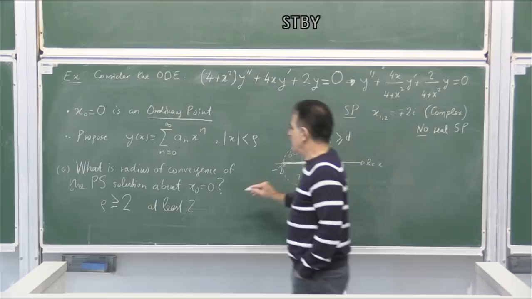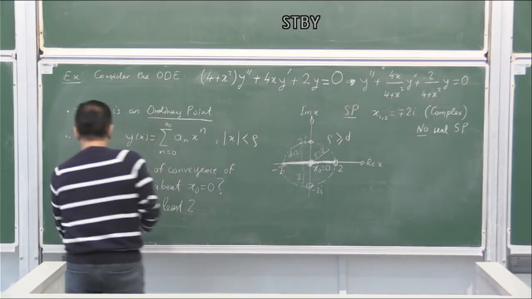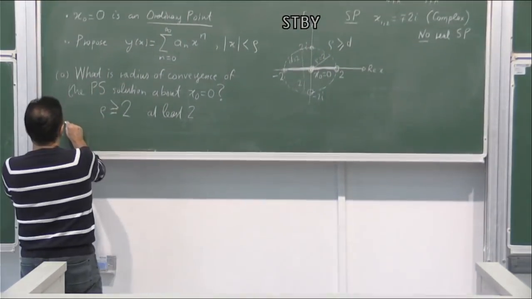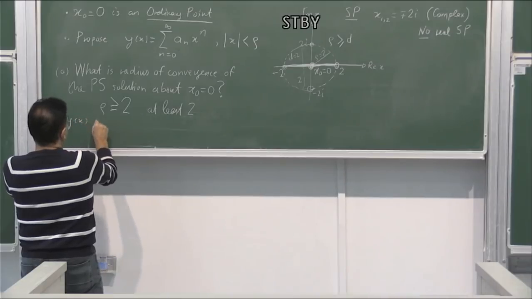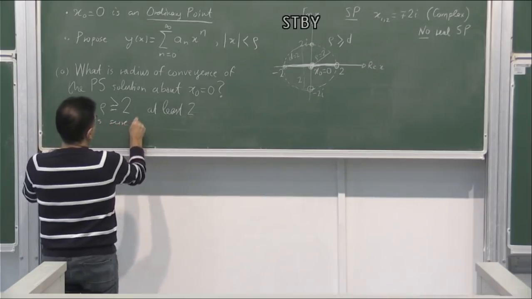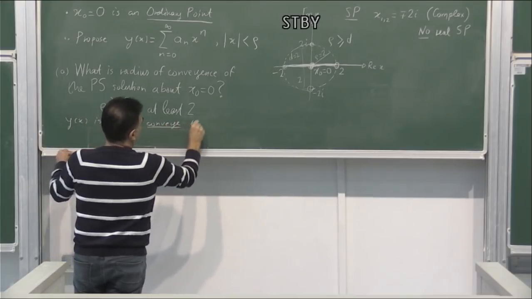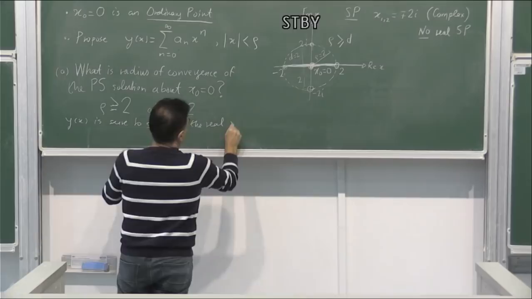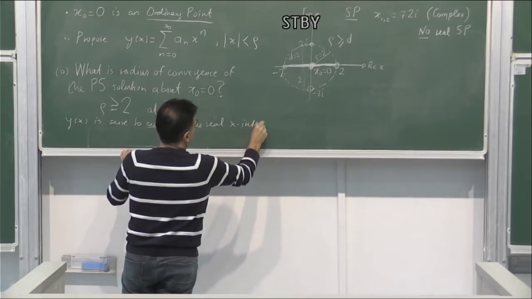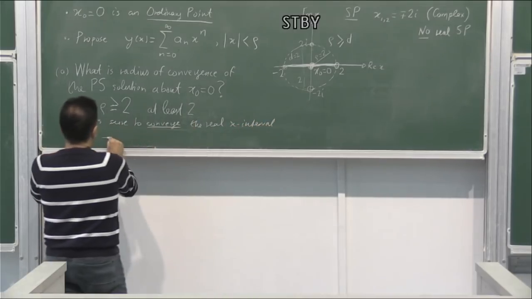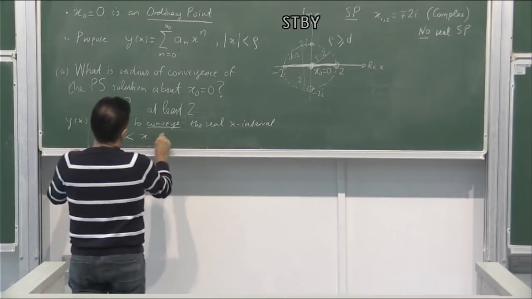So y of x is sure to converge in the real x interval from -2 to 2.